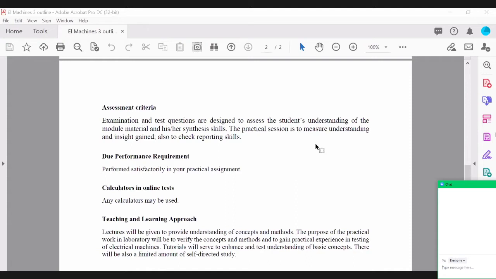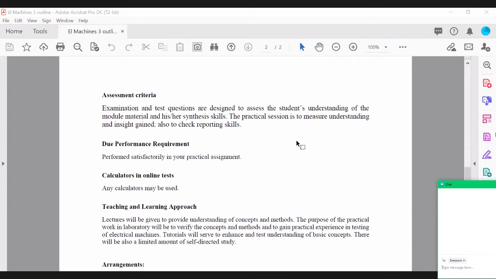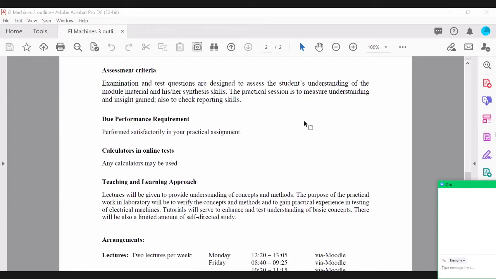I've prescribed PSCAD in this section, so you will use PSCAD to simulate the transient response of a synchronous machine, and I will give you a certain specification, and then you'll have to do the practical assignment and demonstrate the result of the transient response. Again, this will be assessed online, where you'll have to submit your report via Moodle for the practical assignment.